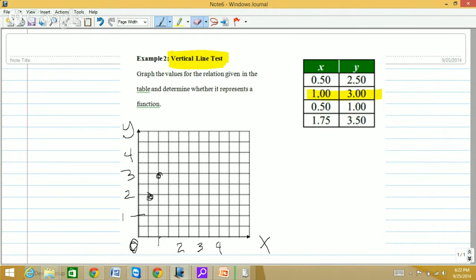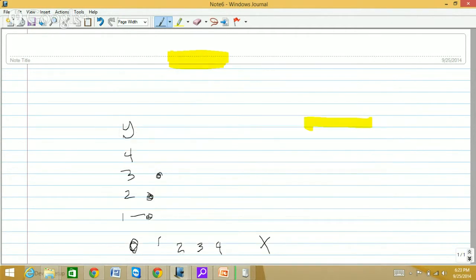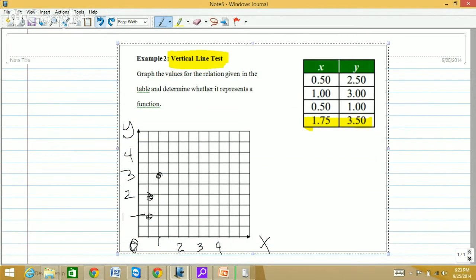And I'm going to continue to do this until I have my entire graph on here. So 0.5, 1, and my very last point is 1.75, which is almost to 2, and then up 3.5. So right up. Aw, dang it. Right there.